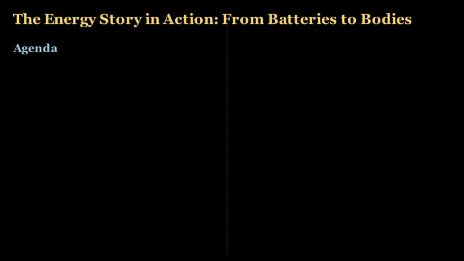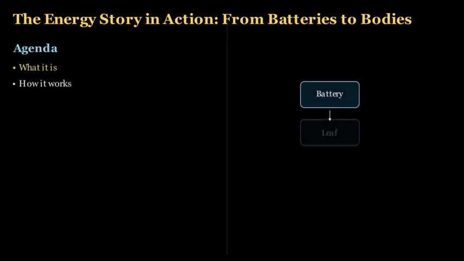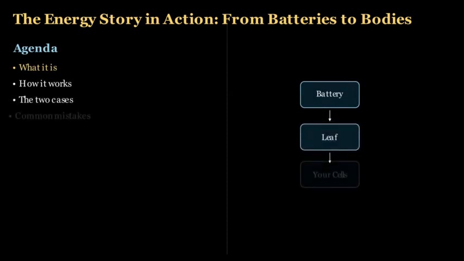We're going to see how the energy story plays out in 3 real-world systems: a battery, a leaf doing photosynthesis, and your own cells doing respiration. We'll look at the 2 directions energy can flow, storing it up or letting it out, and clear up a big mistake people make about burning calories. By the end, you'll see that a campfire and your breakfast are just 2 chapters of the same book.